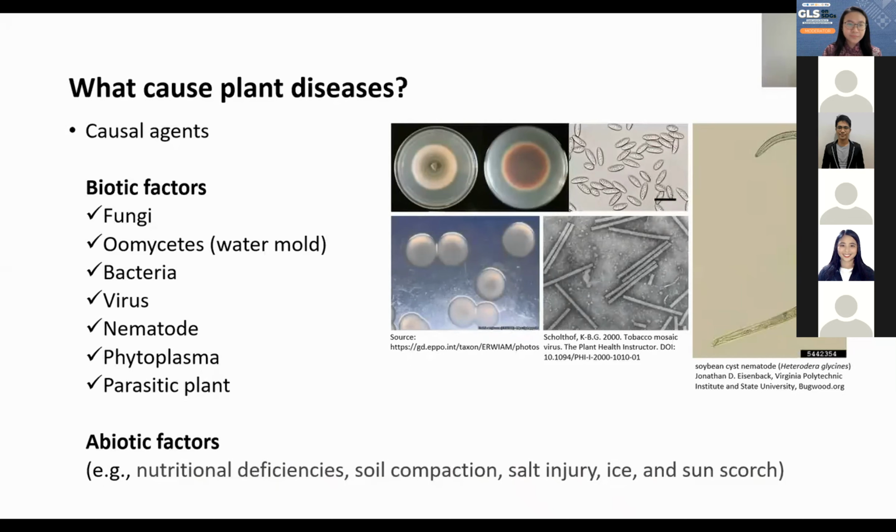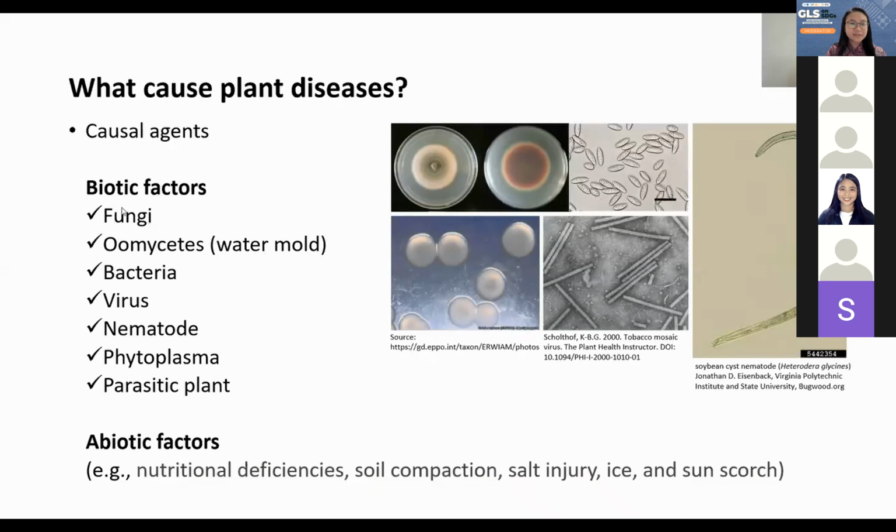We can talk in a little bit more detail about each of these groups of organisms in the discussions or outside of this lecture. But what I'm gonna say here is these organisms can cause plant disease, and most plant disease is caused by fungi.